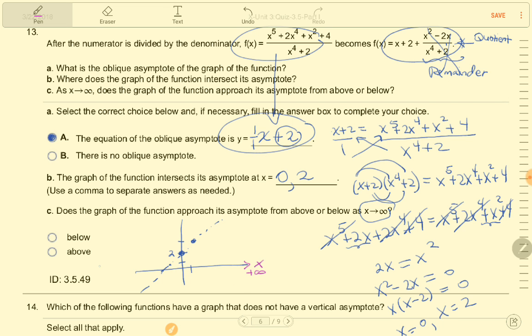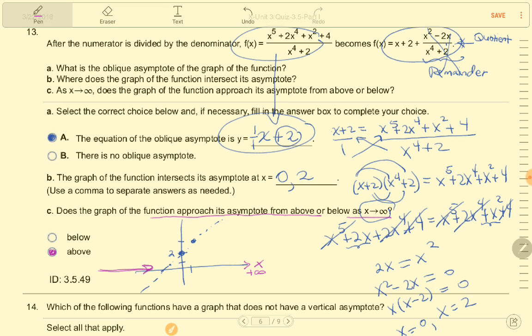If I'm approaching the asymptote in that direction, what kind of behavior is happening? Does the function approach its asymptote from above or below? Oh, so from above. It would have to be above, right?